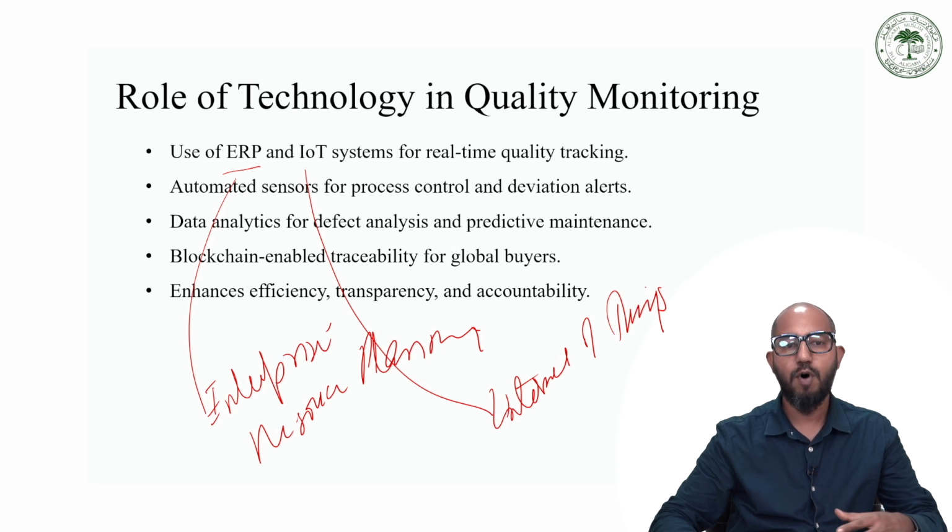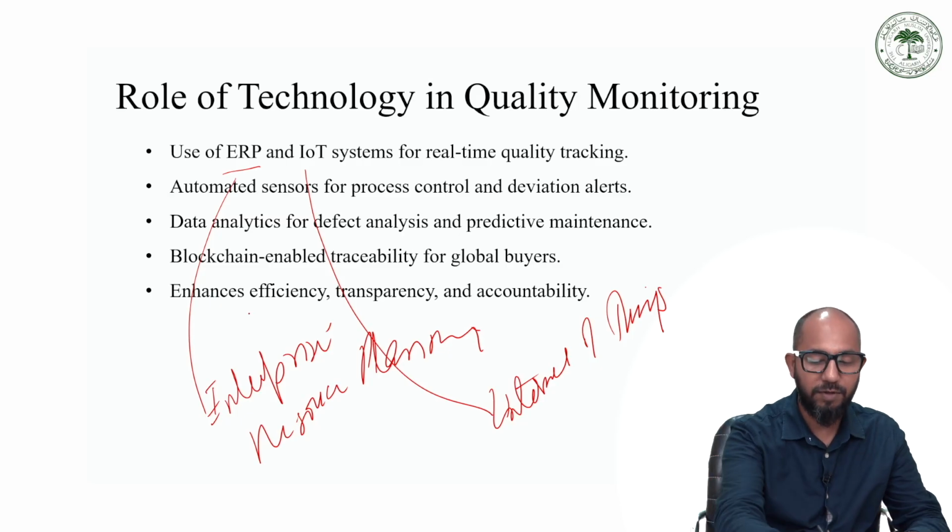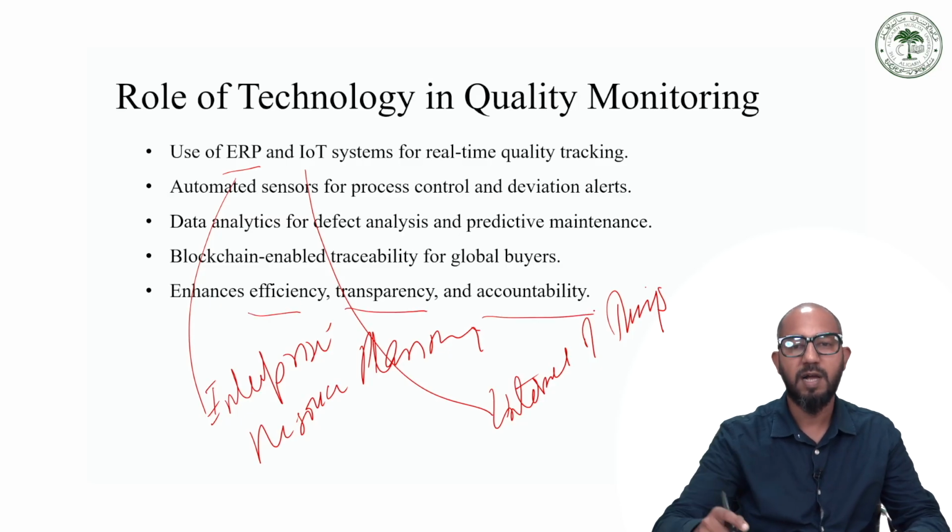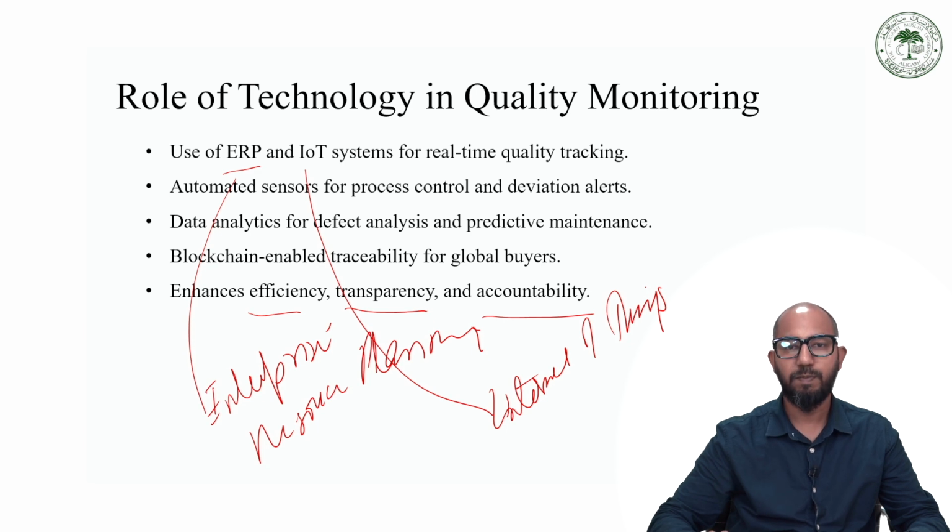There has been use of automated sensors for process control and deviation alerts. Not only this, data analytics for defect analysis and predictive maintenance is also being applied. Blockchain-enabled traceability for global buyers is increasingly being used by exporters. All these technologies enhance efficiency, transparency as well as accountability. Thus, exporters should always try to experiment and use these emerging technologies.